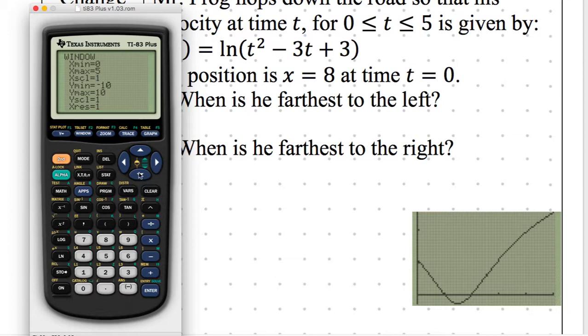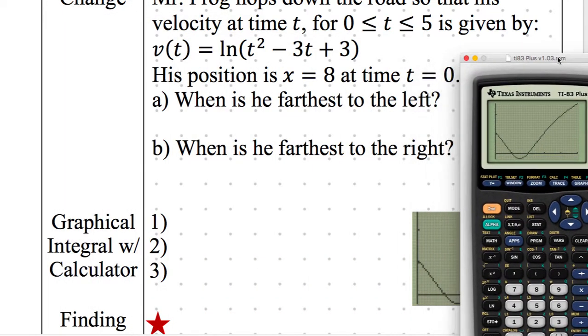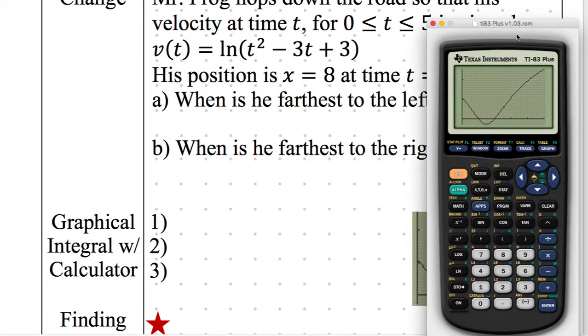And then how do I make sure that it's zoomed correctly? Zoom 0. There it is. Zoom 0. And you should get this graph, theoretically. And there it is. Give me a thumbs up if you're there. Yeah, we're all there.